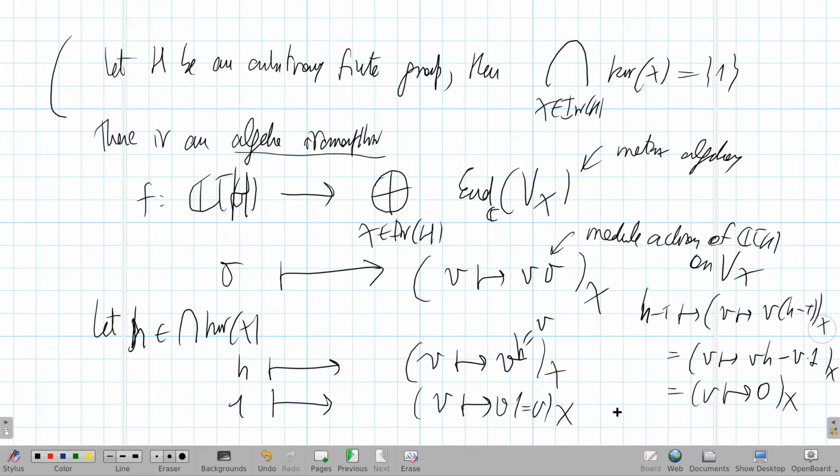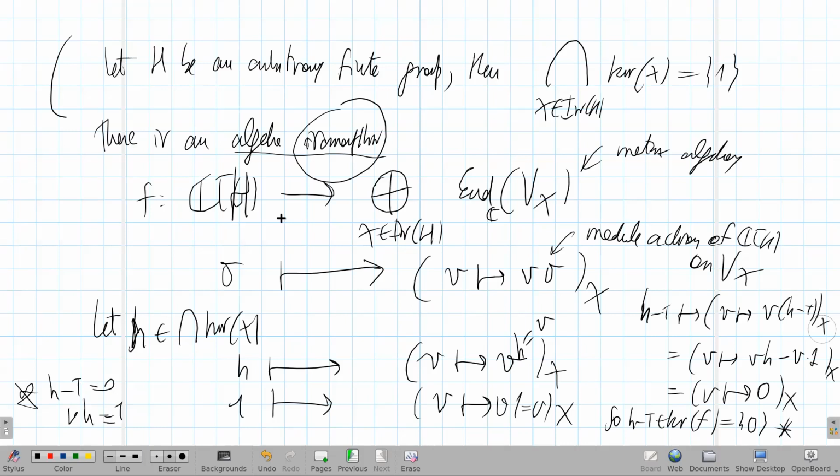Well, let's write it this way. H minus 1 is in the kernel of F, and remember, this is an isomorphism, so the kernel is 0. So H minus 1 is 0, so H is 1.